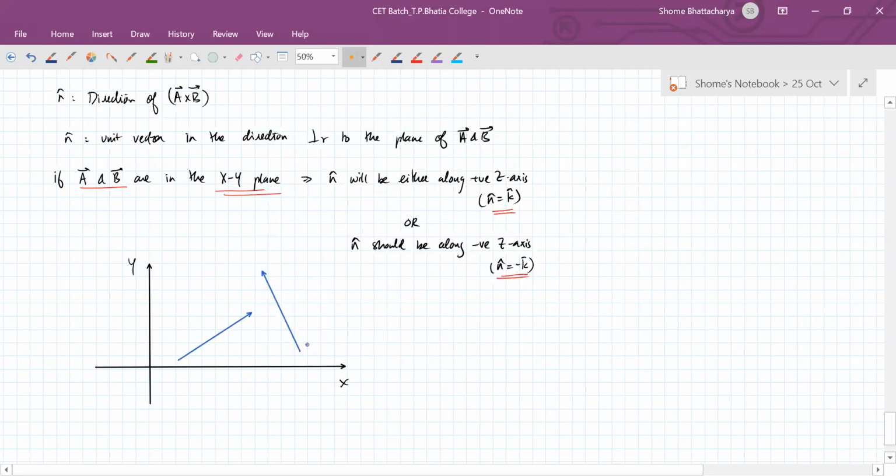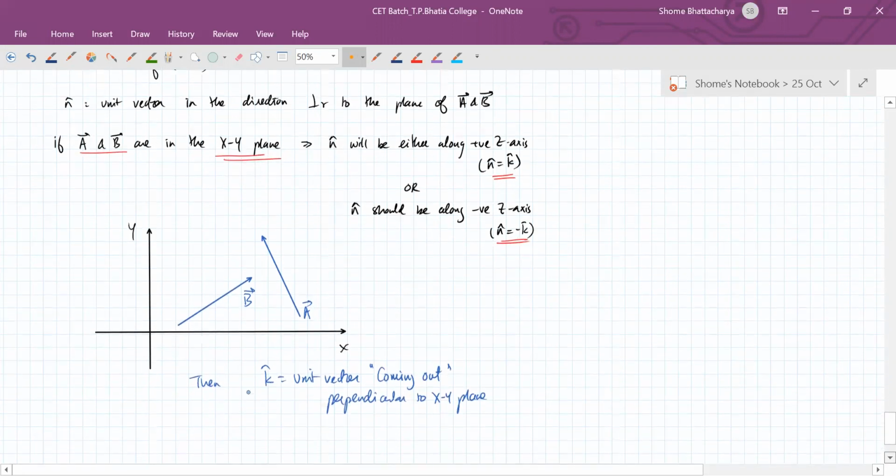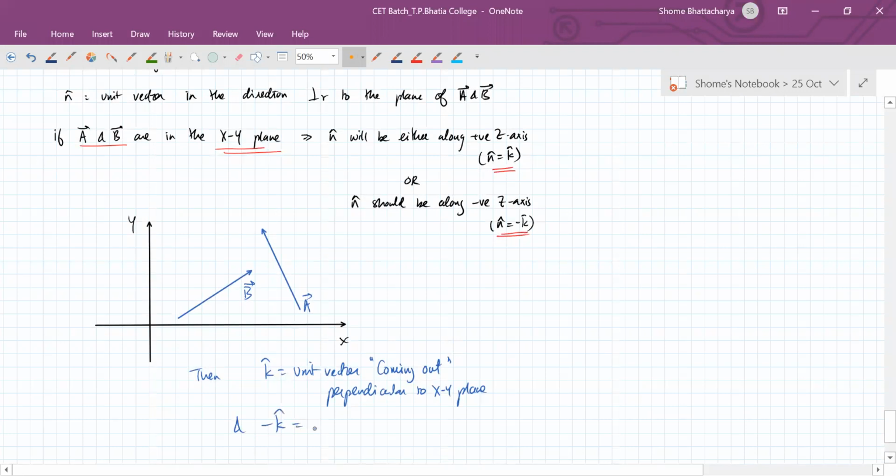If these are vectors a and b or whatever, okay, then k cap is the unit vector coming out, okay, perpendicular to the xy plane, okay, and minus k cap is the unit vector going into the xy plane perpendicularly.